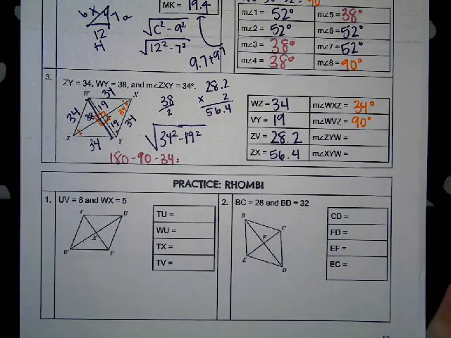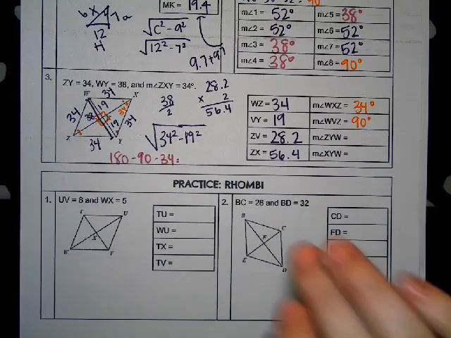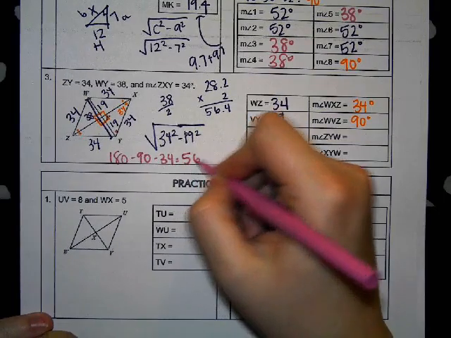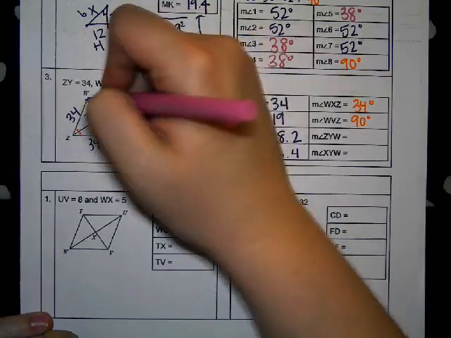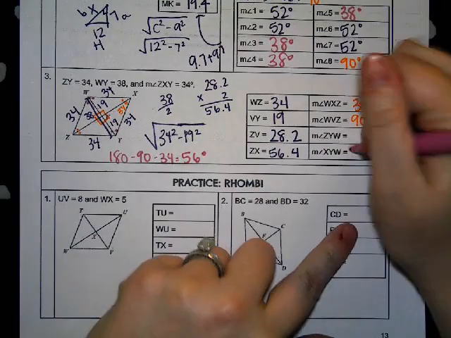Let's calculator that up and see what we've got. That gives me 56 degrees. So everywhere I just put a pink dot is 56 degrees. So we found this one, 56 degrees.